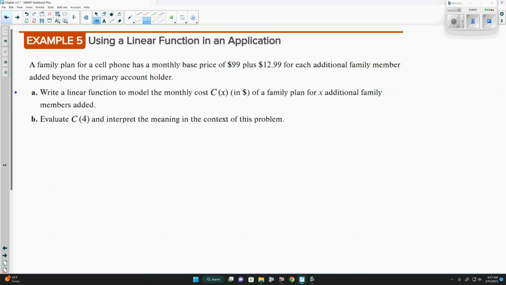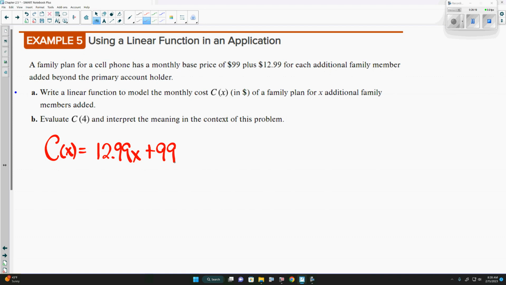So we're saying C of x is equal to what? $12.99 times x plus 99. Because if there are zero additional family members, it's just the base price of $99, yes?